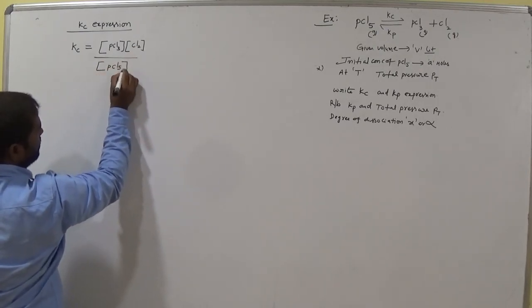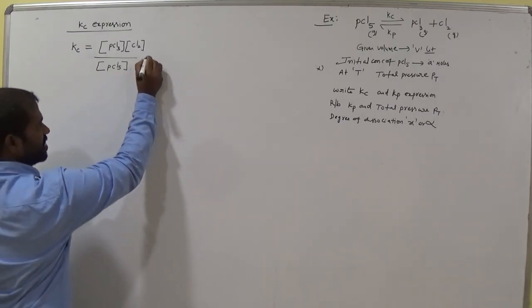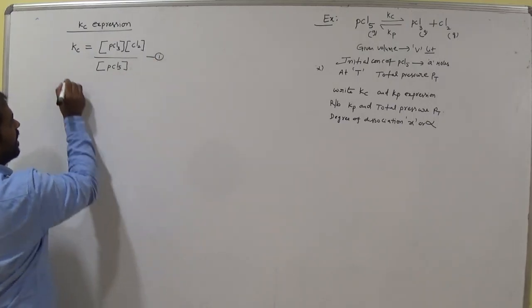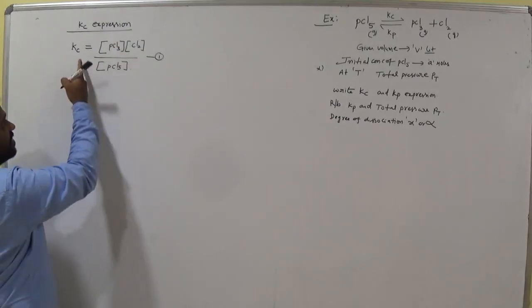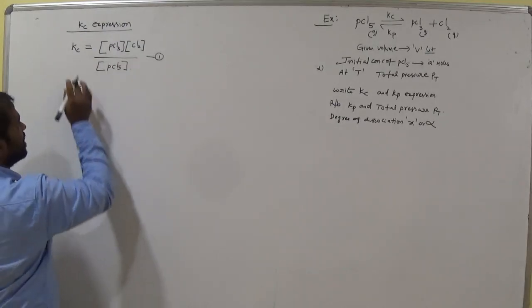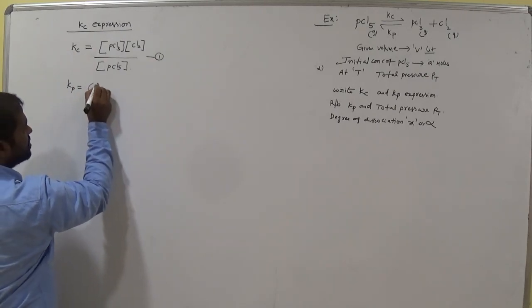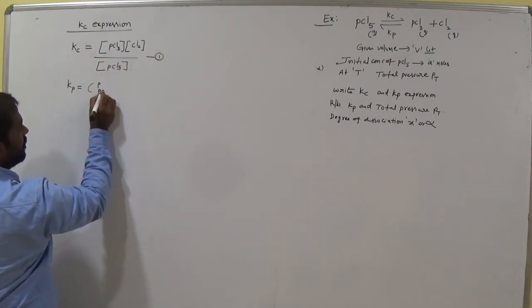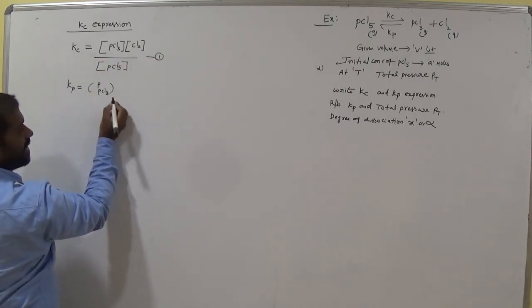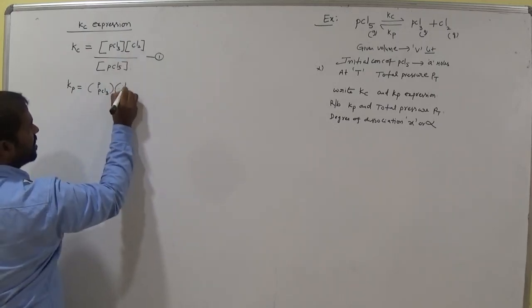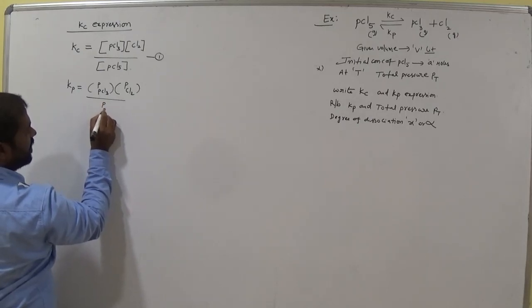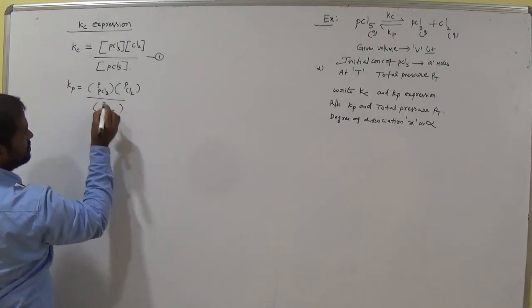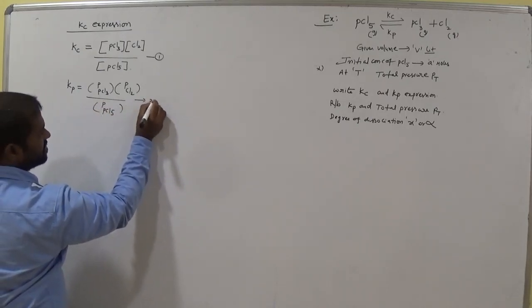Am I right? Suppose this is 1. And what about Kp? Kp means partial pressure, where C means molar concentration or active mass. Partial pressure of PCl3, just change the brackets, partial pressure of Cl2, divided by partial pressure of PCl5. Am I right? This is the Kp expression.